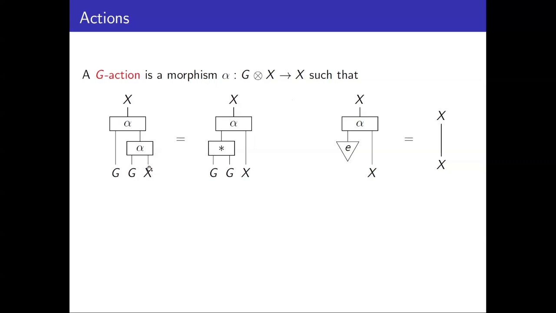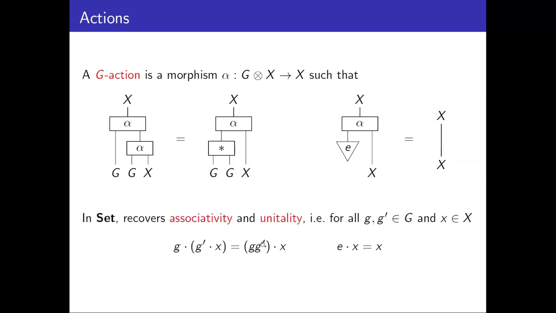If you first apply alpha once and then apply alpha with potentially a different G a second time, that's the same thing as first multiplying the two group inputs together and applying the result to X. This corresponds to an axiom you've probably seen in group theory as well, which is associativity of group actions. Similar thing for unitality: if you just apply the identity element to the input, you just get the input back.